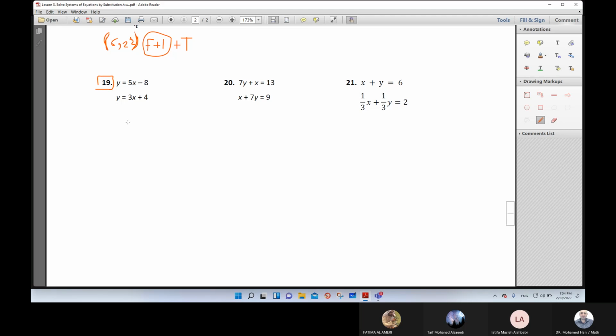Okay, check with me, please. And here ready to work, and here ready. So you can substitute the value of y in this equation in the first equation. Put the value of y here, 3x plus 4, 3x plus 4 equal 5x minus 8. Then take 5x to the first side.